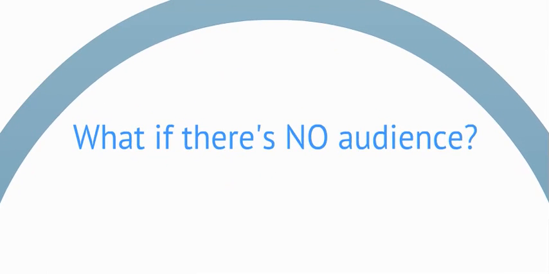All right, so what if there's no audience? Don't take it personal. Remember, this is a business. Here at Self-Publishing Success School, we're talking about turning this into a business. I want you to make money, but at the same time, I want you to be following your passion. If you follow your passion and you write this wonderful book and it has a beautiful cover and nobody buys it, well, that doesn't make me happy because it doesn't make you happy.